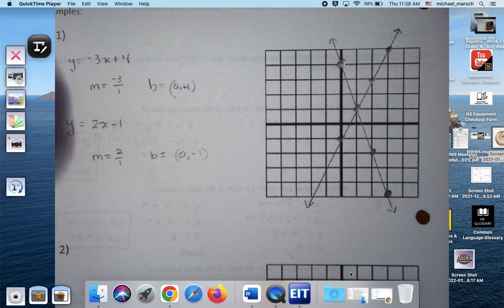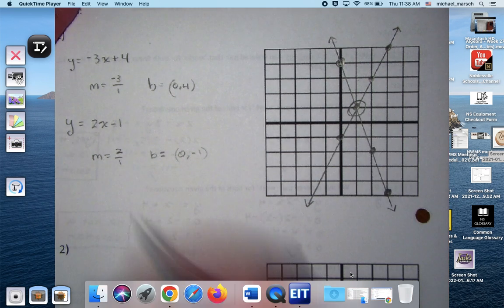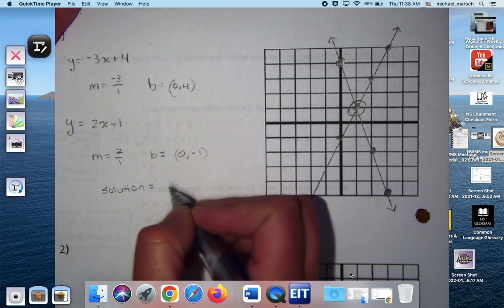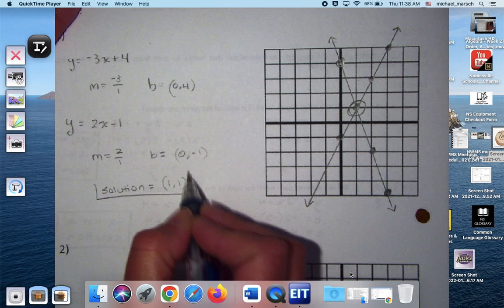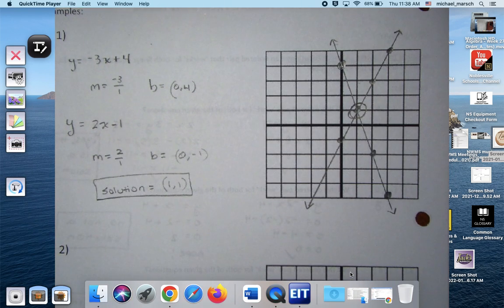So what you should notice is that they intersect. That is the solution, where they intersect. So put a little bullseye circle around that. So you just found the solution to a system of linear equations by graphing.